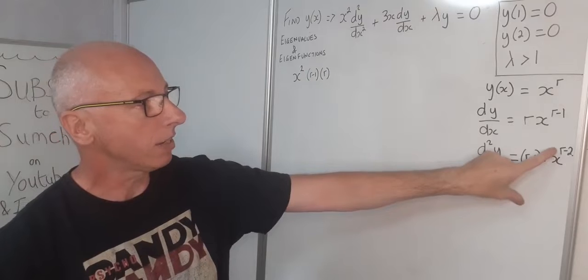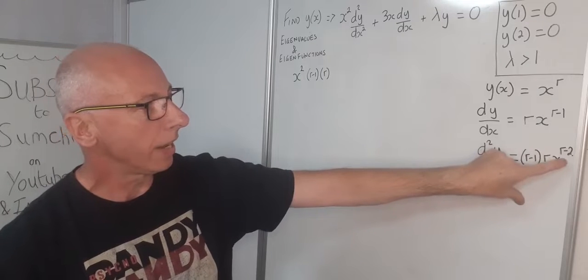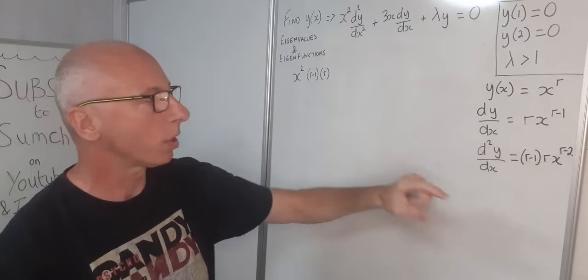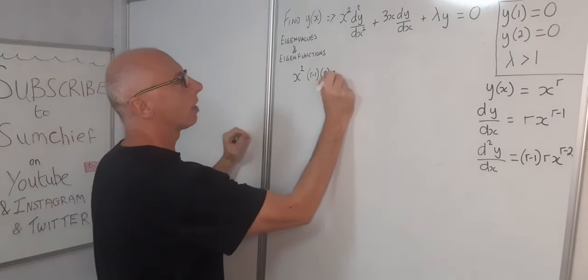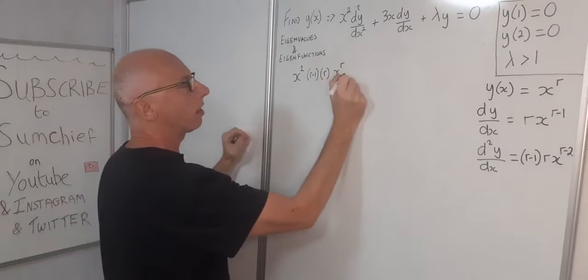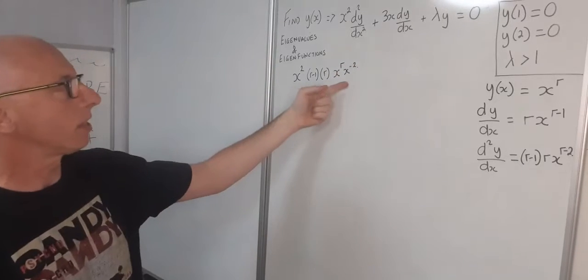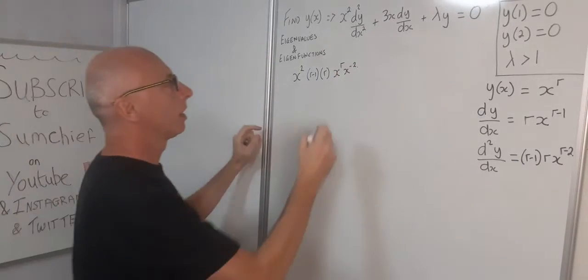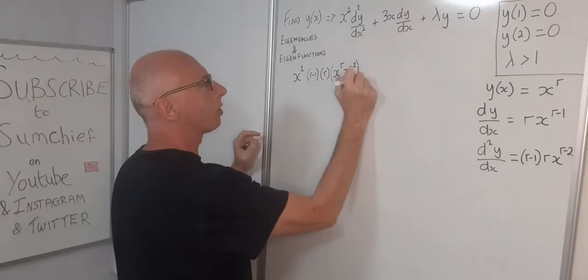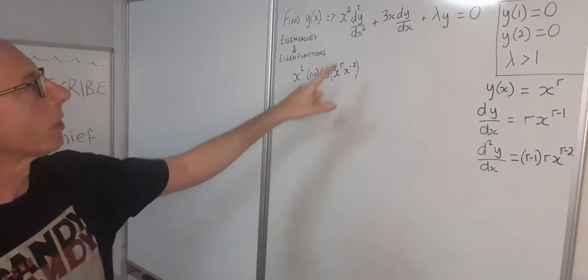And then we've got x to the r, and then x to the minus 2. We could break that apart, so we could say x to the r and x to the minus 2. The laws of indices, this is all valid. So I could put that in a bracket as well, so you can see what I'm trying to do.